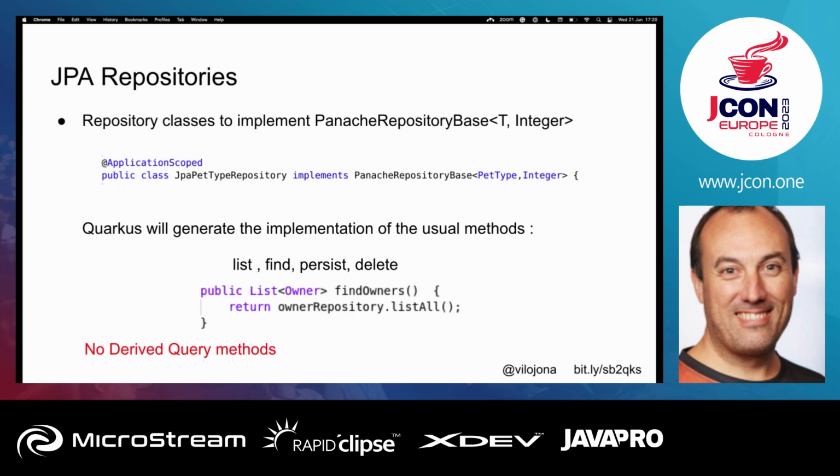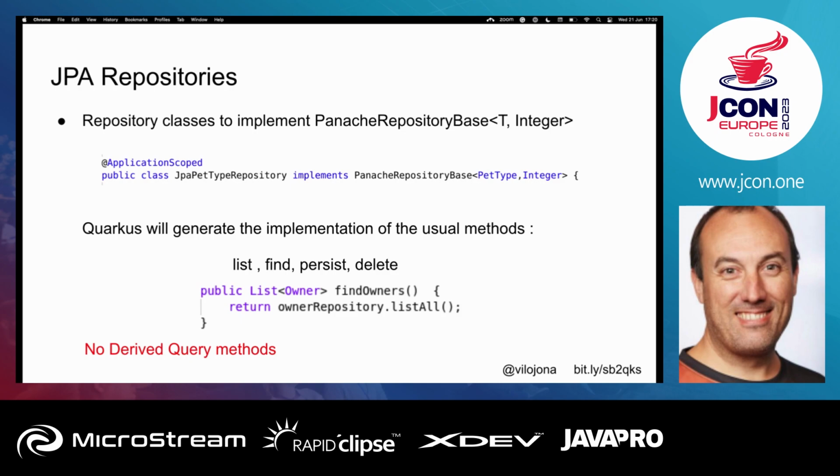Also, it has JPA repositories using Hibernate Panache, and what we have to do is simply implement PanacheRepositoryBase. In this case, it's PanacheRepositoryBase because we need to specify which is the class for the identity. In this case, it's an integer because the default one is a long. But it's easy.